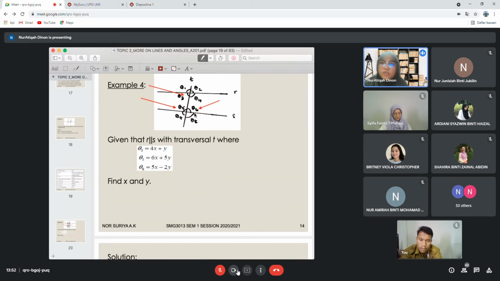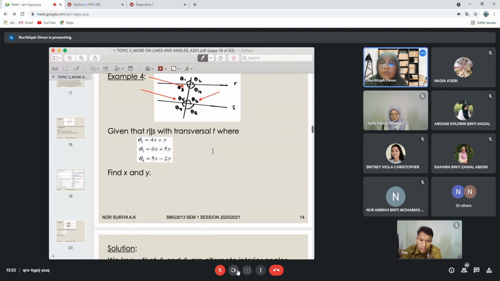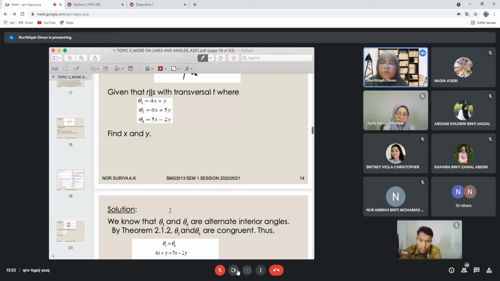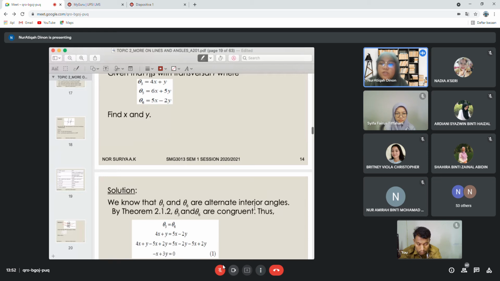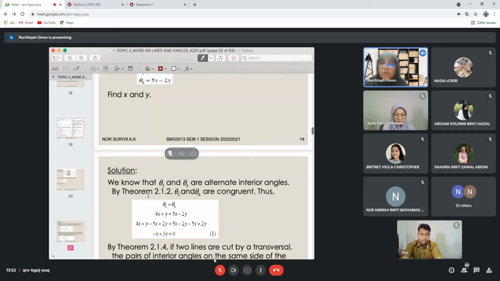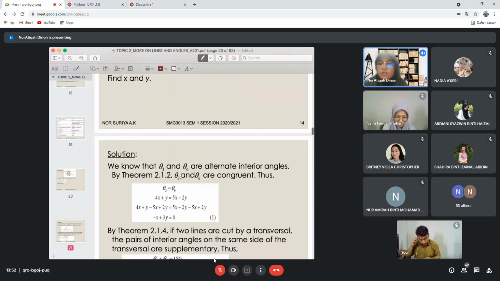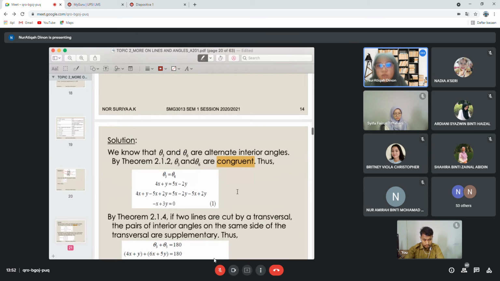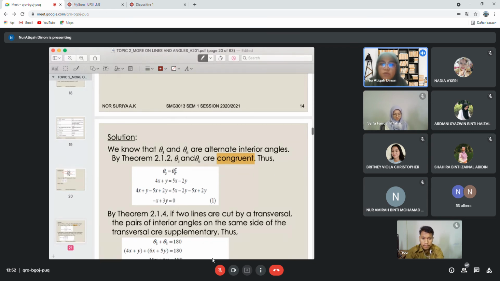Okay, good. We know that theta 3 and theta 6 are alternate interior angles, and using theorem 2.1.2, theta 3 and theta 6 are congruent. When you say congruent, that means the angles have the same measure. So we have theta 3 equals theta 6.